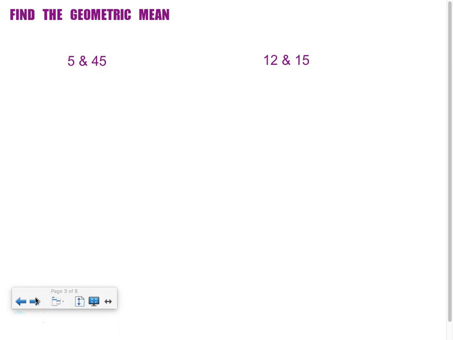5 and 45 is our first one. So if you want to find the geometric mean of 5 and 45, essentially 5 and 45 are your A and your D. So we're solving for B right now. So I'm going to have x squared equals 5 times 45.